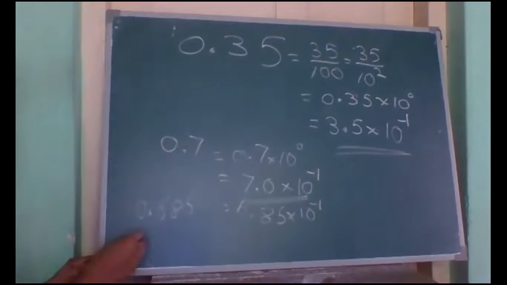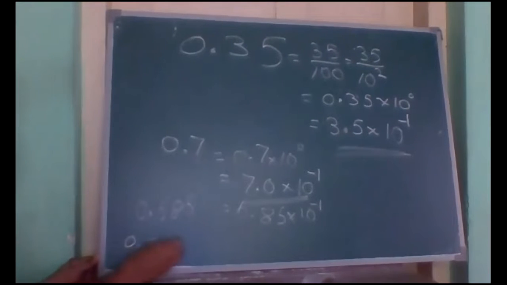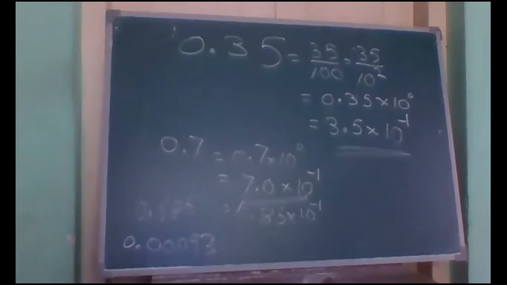Understand? Assume here 0.00093. How many places? Look at this one carefully. How many places? You have to shift 1, 2, 3, 4 places to get a number between 1 and 10.